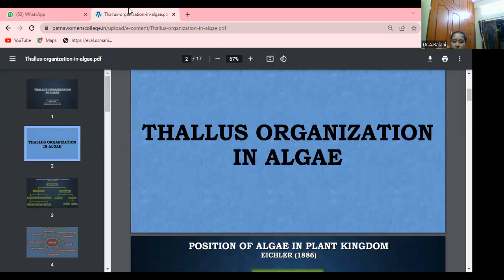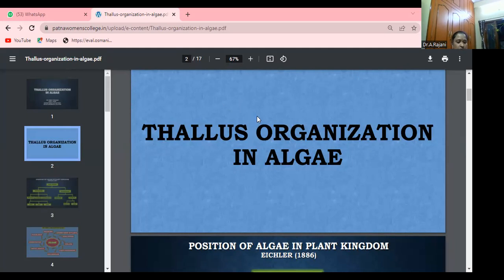But here the thallus is the most important for the identification of algae, and many questions are asked on it. All living organisms are made up of cells. In the plant body also, the cells range from unicellular to multicellular.